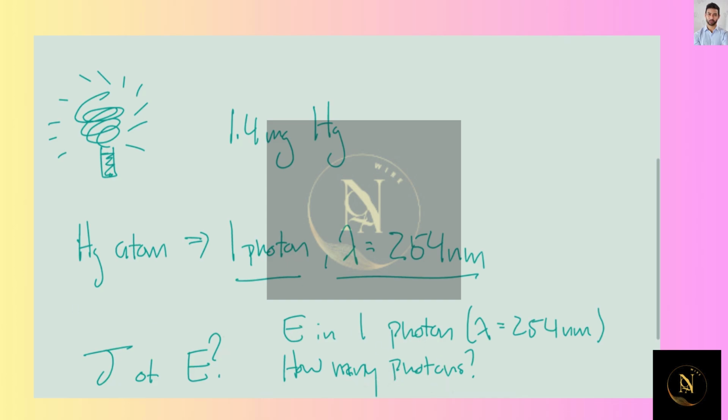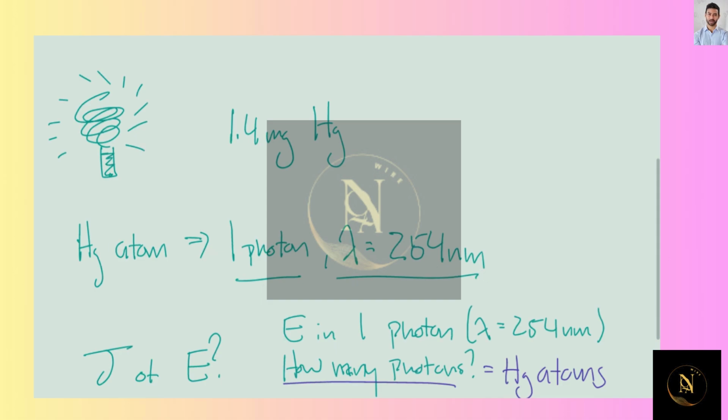That's our task, really, right? And when it comes to how many photons, we're told that we get one per atom, so this is also equal to the number of mercury atoms. So we say number of mercury atoms at 1.4 milligrams, energy per photon when that photon is 254 nanometers, and then multiply those numbers together.